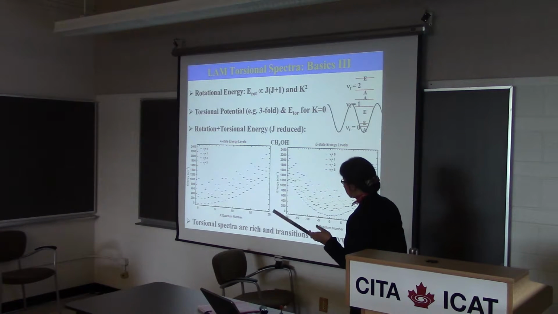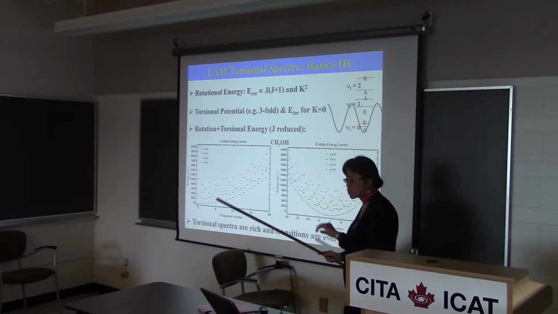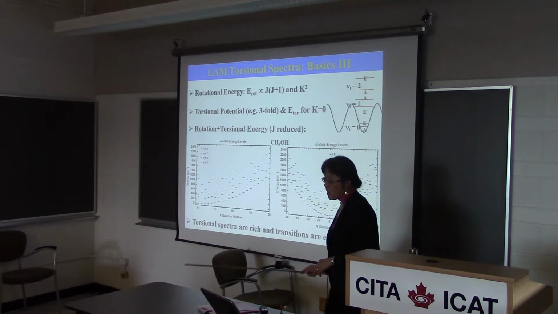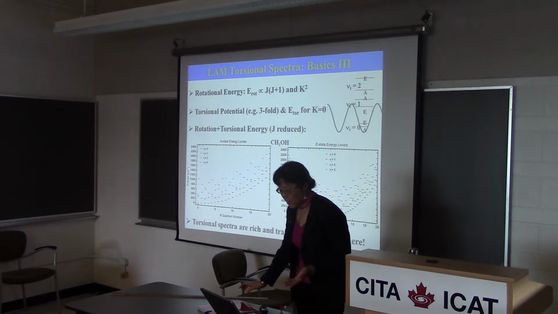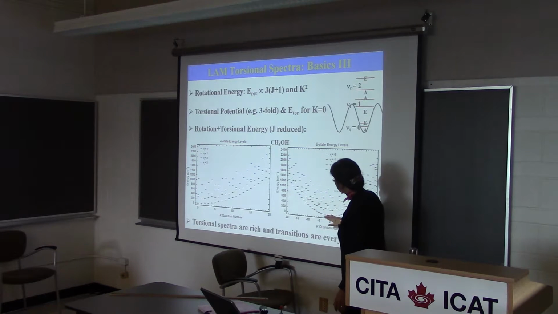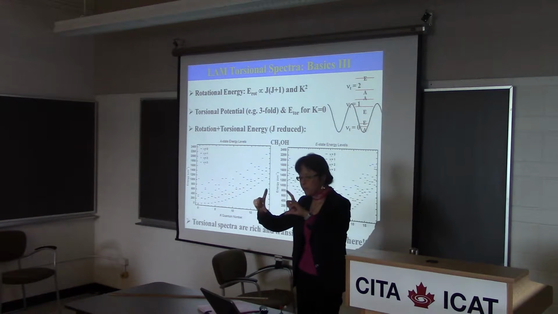This means the torsional spectrum in the terahertz region, first of all, is very rich because the lines are so close together, and second of all, transitions are really everywhere. The third thing I want to point out, by the way with different color coding, this is the ground torsion, the burgundy here is the first excited, the green one is second, and the higher you go, the spread gets bigger.